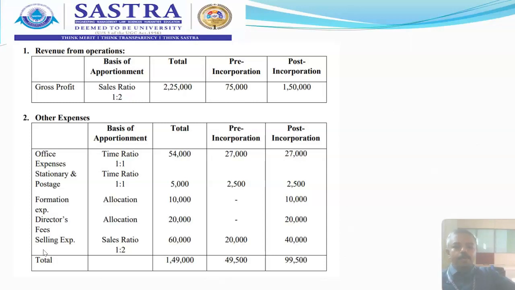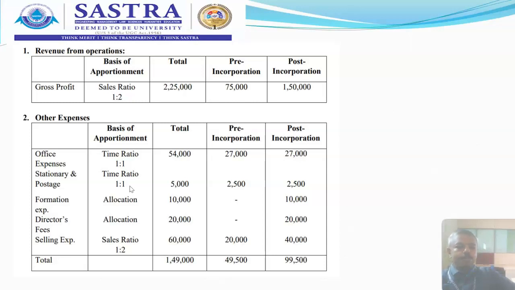So now let me take you to the solution table. It is a note of accounts. It has 5 columns, as I said to you: the details, basis of apportionment, total, pre-incorporation period, and post-incorporation period. Take the gross profit, sales ratio, as I said, it has been apportioned. The total amount has been divided into 75,000 and 1,50,000. This is how you have done.